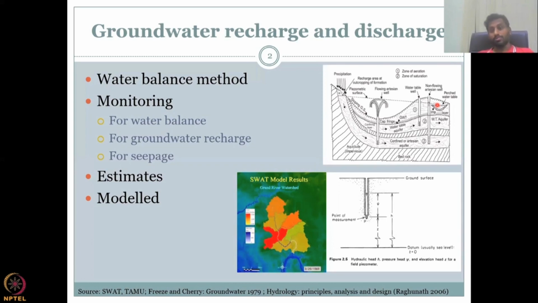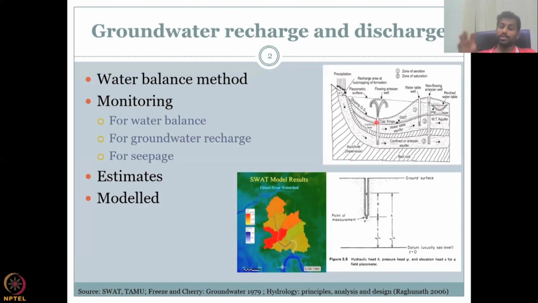The other method is the monitoring method. There are a lot of sensors that can capture the parameters to assess the fluctuations in the water level. For example, monitors or meters and sensors that can help in the water balance method, which we explained using this hydrological cycle.